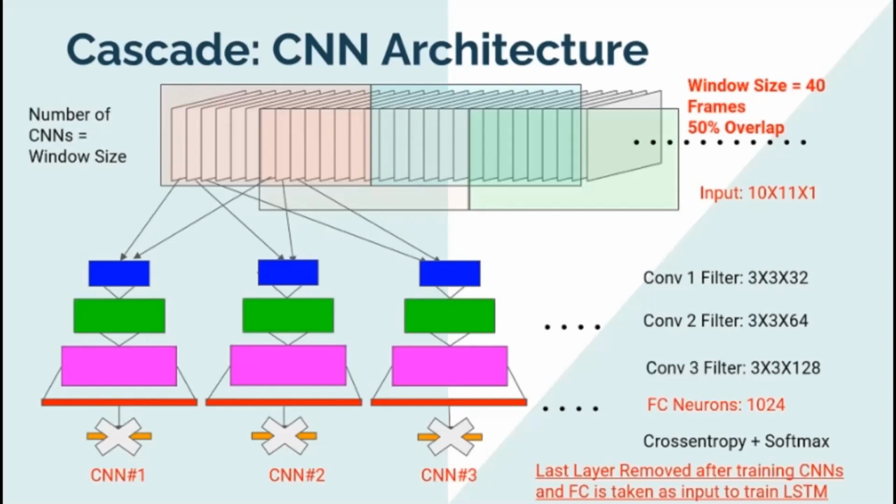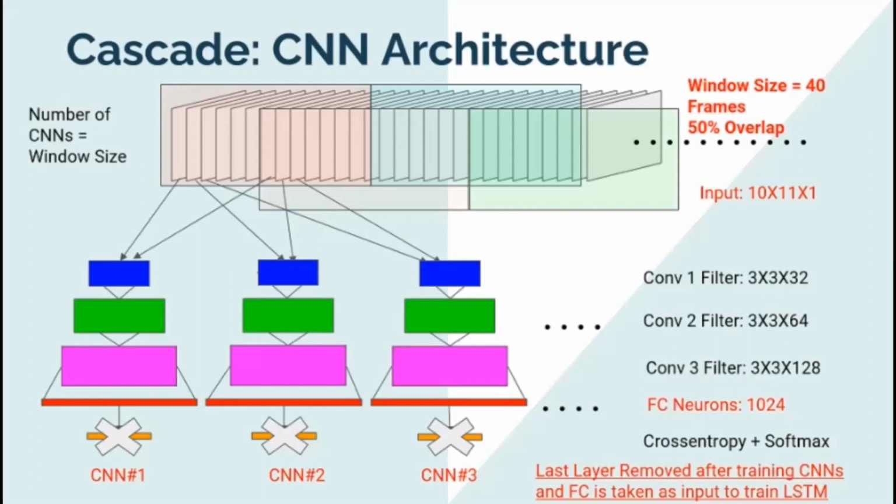When the window moves, it has a 50% overlap with the previous input as seen in this slide. The first frame in each of the sliced signals goes to the first CNN. The second frame goes to the second CNN, and so on. We end up with a number of CNNs equal to the number of frames in the window.